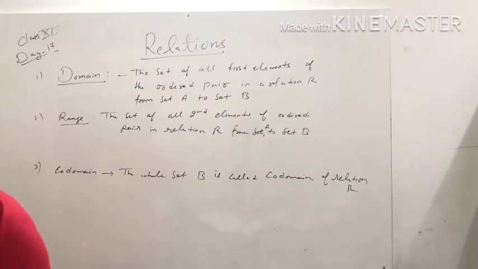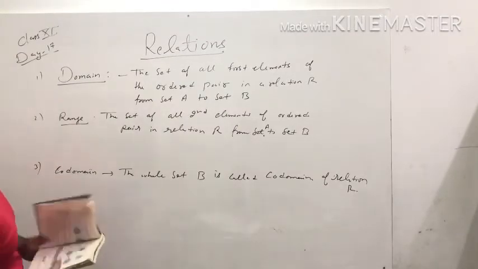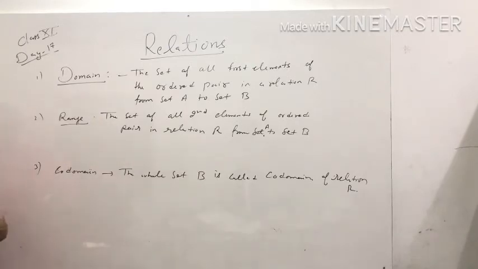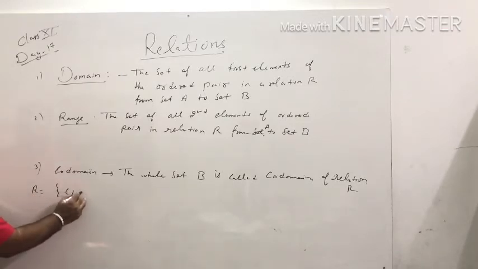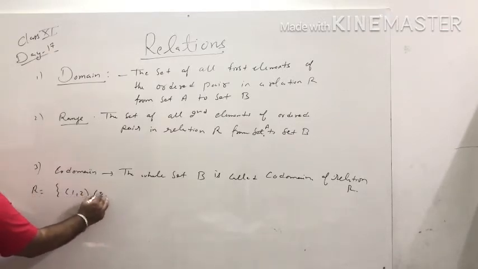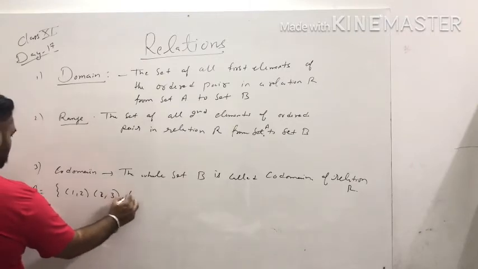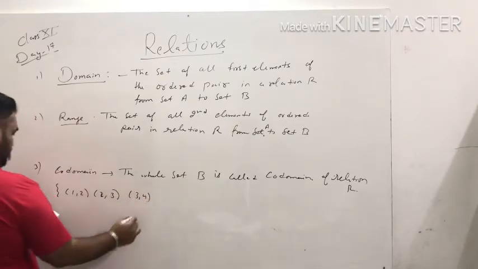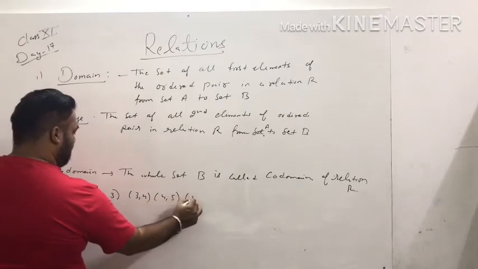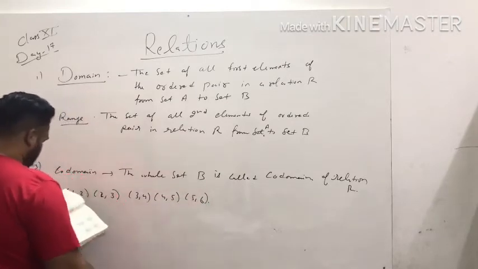So now we take an example. First of all, we take an example. If relation R is (1,2), (2,3), (3,4), (4,5), (5,6).